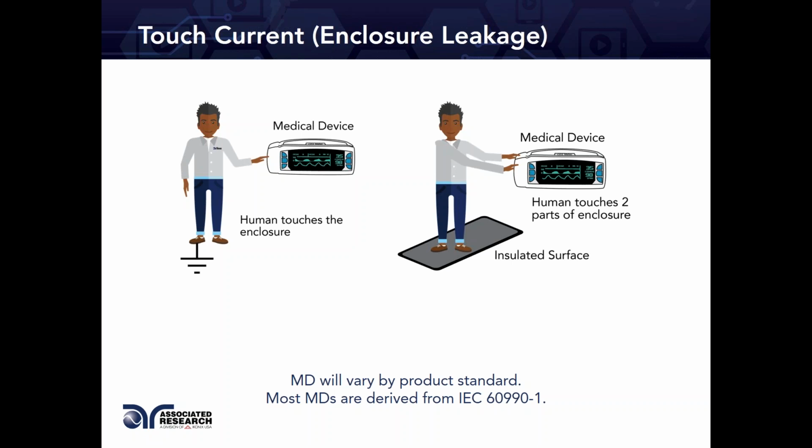And again, it could be more than one enclosure point for any given device. So when you're designing a product, it's important to know as an engineer what type of enclosure your device incorporates, and whether it would require an enclosure leakage test or not.